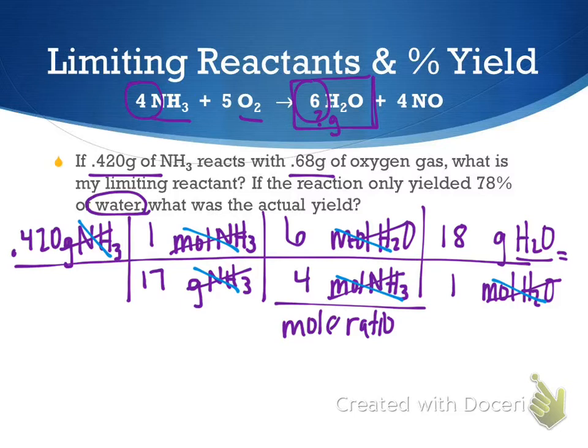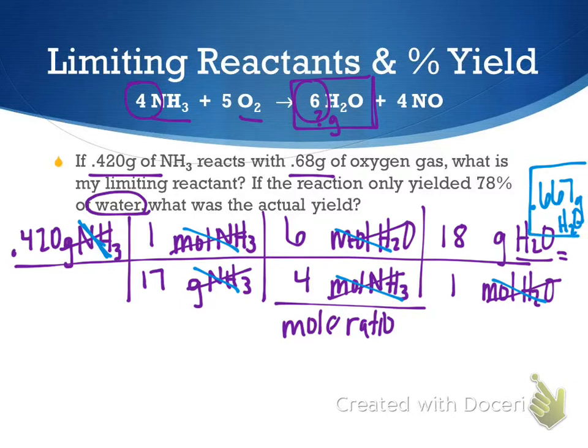Okay, so I had my final answer at 0.667, around 0.67 grams of H2O. Okay, so that's one option, right? If NH3 is our limiting reactant, that means we could form 0.66 grams of water.